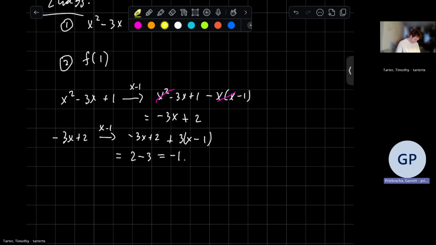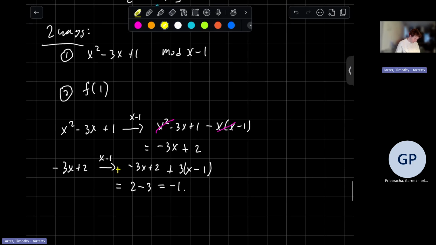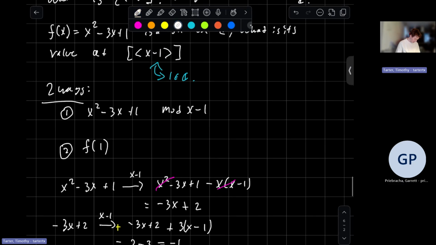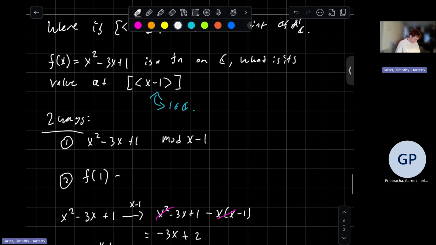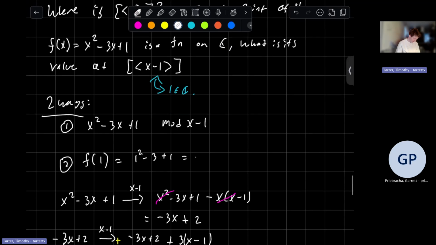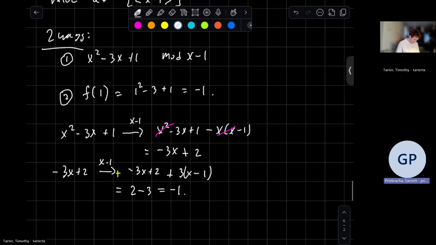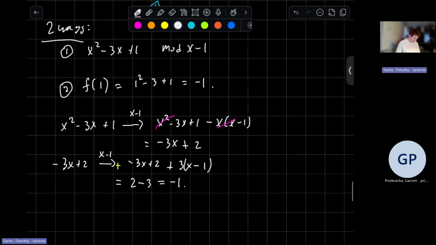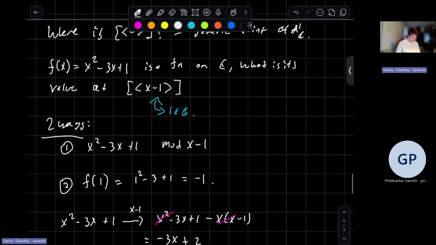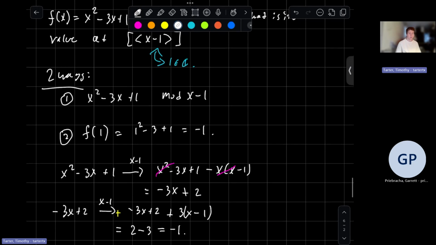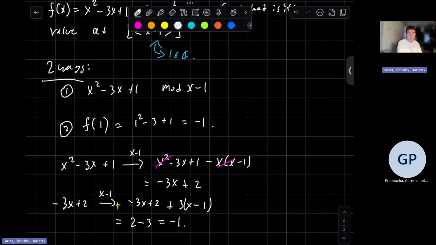And f of 1 is 1 squared minus 3 plus 1, which is negative 1. Interesting. It's really interesting that the Euclidean division algorithm of polynomials lines up explicitly with evaluating points from the spectrum on functions.